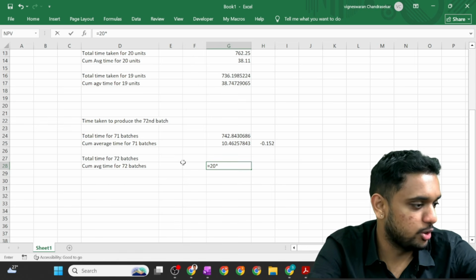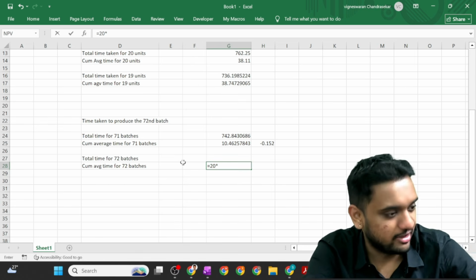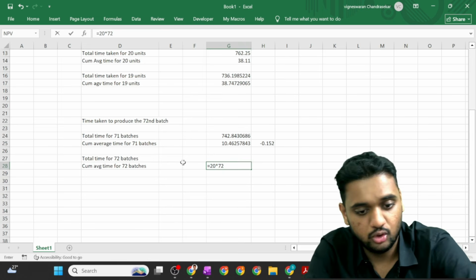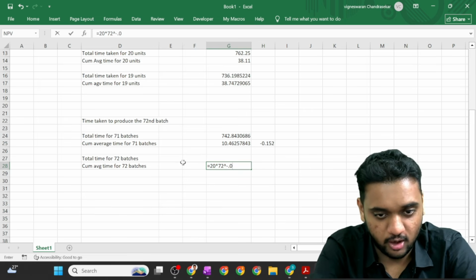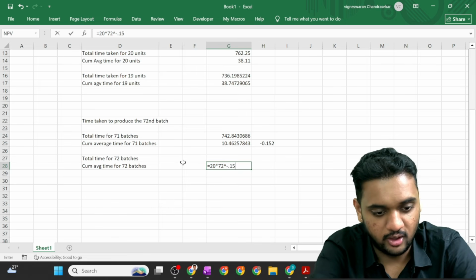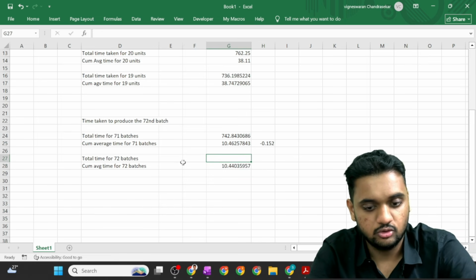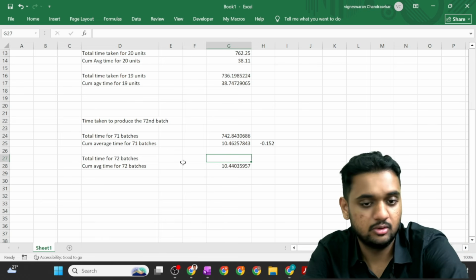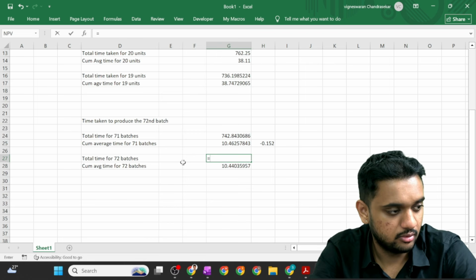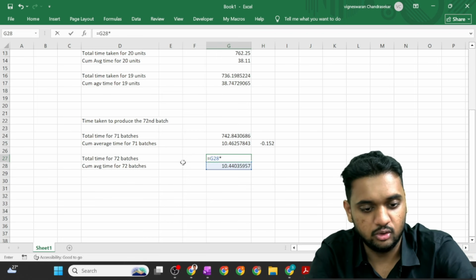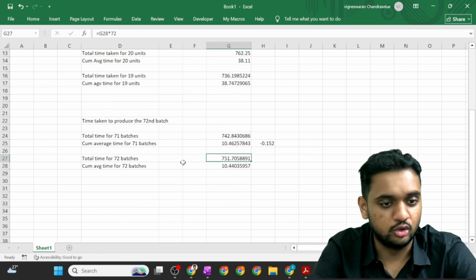We are finding the cumulative average time for 72 units, so 72 is x. 72 to the power minus 0.152. So what is the total time for 72 batches? Total time is equal to this into 72. So we found the total time for 72 batches.